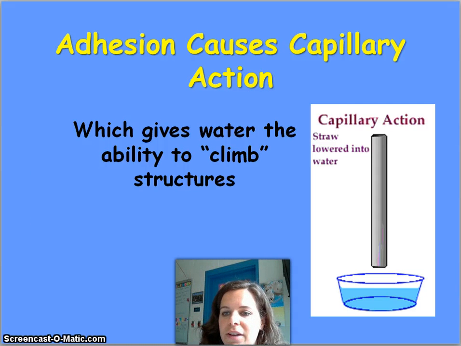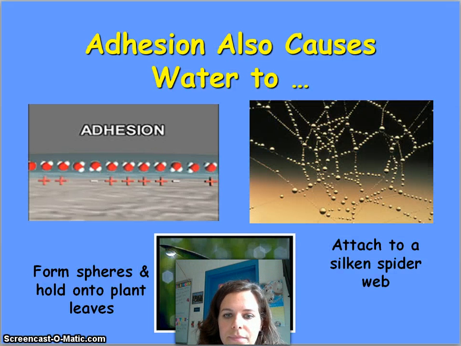And with capillary action, if we lowered this straw into water, the water would travel up the straw, especially if the straw was very, very thin. Adhesion also causes water to form droplets on a silken spiderweb and to form spheres that hold on to plant leaves. All examples of water adhesion in nature.